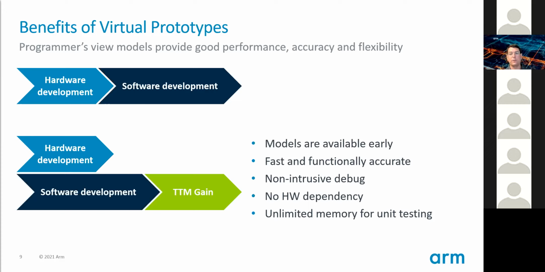Hardware can lead to different results due to timing issues. Also, test hardware is fragile. Connectors can have defects or loose solder joints. All these regressions are really hard to verify. Especially for unit tests, models are much better suited as you can map test input data more easily due to the unlimited amount of memory that is available on the host computer. Using models, you really get a great time to market gain.